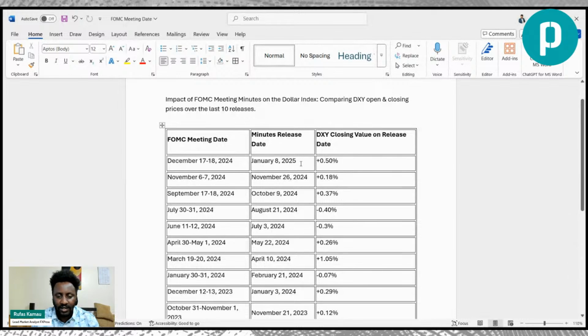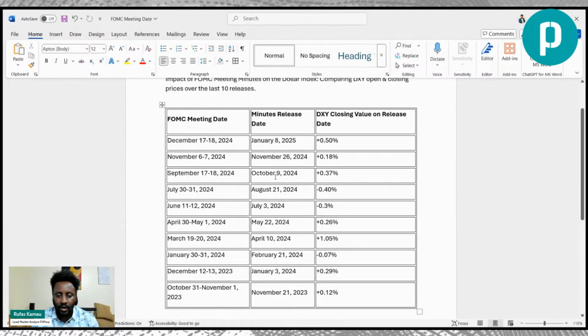On that particular date, the DXY, the index that measures the strength of the dollar against a basket of other currencies, ended the day higher, having gained 0.5%. In the meeting minutes released on November 26, 2024, there was an average gain of 0.18% on the dollar index. On October 9th, 0.37%, and August 21, there was a drop of negative 0.4%.